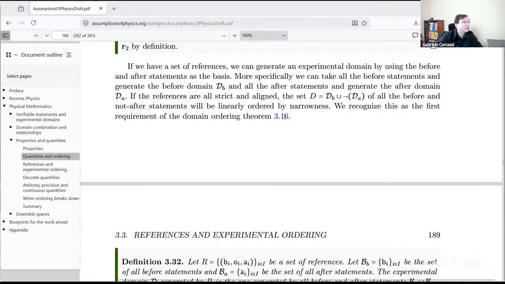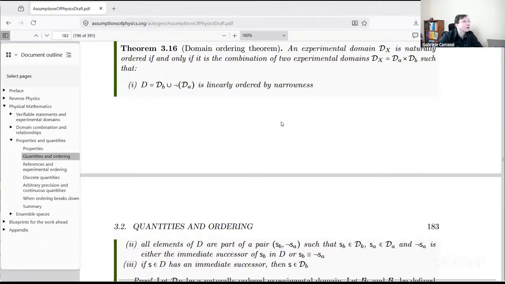Let's go back to this. If you remember, these were the three conditions such that if we had a domain, it's naturally ordered. So you can say that the possibilities are ordered, and there is an order there with the order topology.